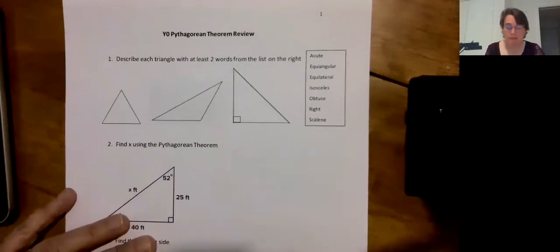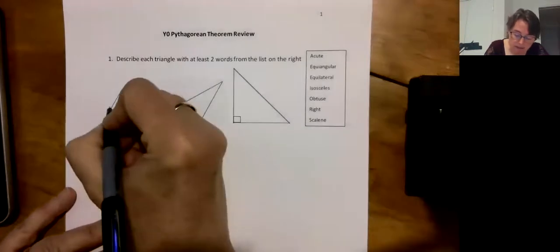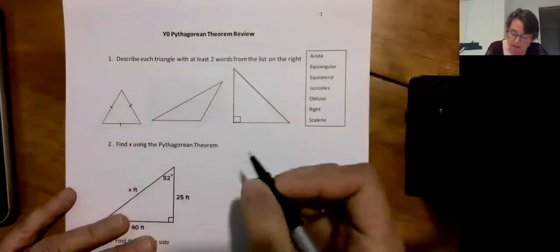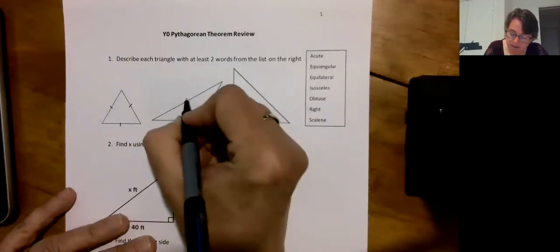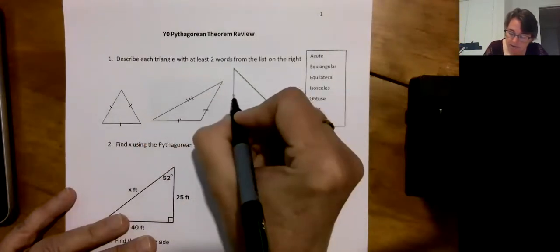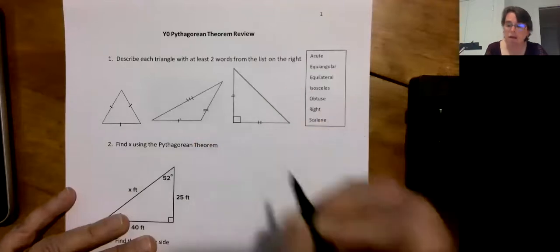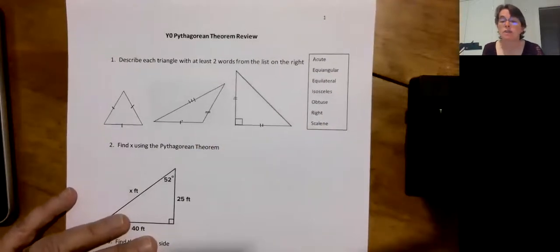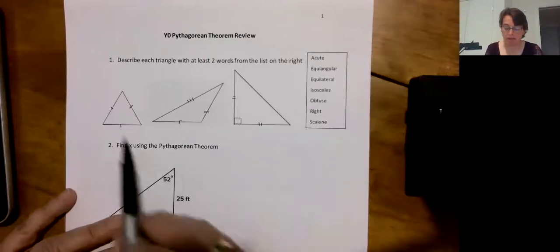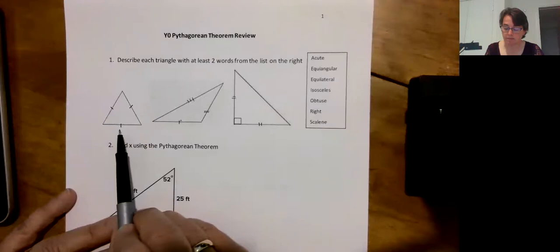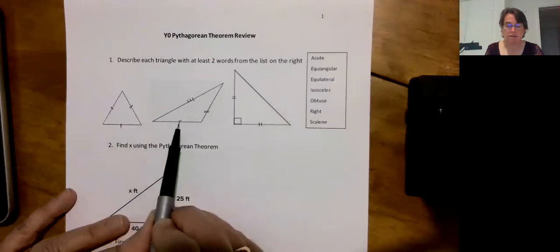I guess I should say that I'm adding those to the original ones. First of all, those little ticks mean that those sides are the same length. This single tick and this single tick aren't related.